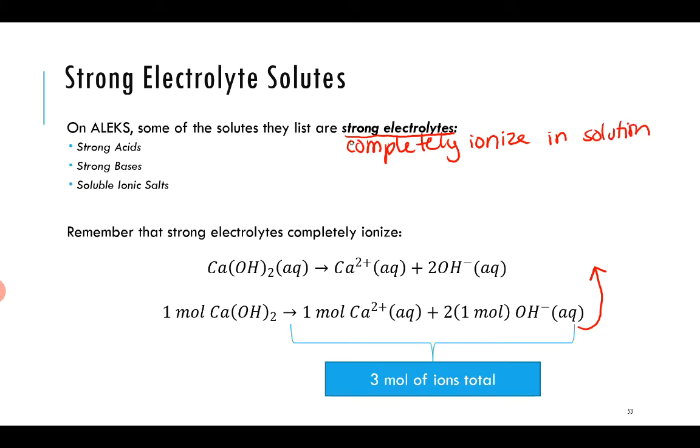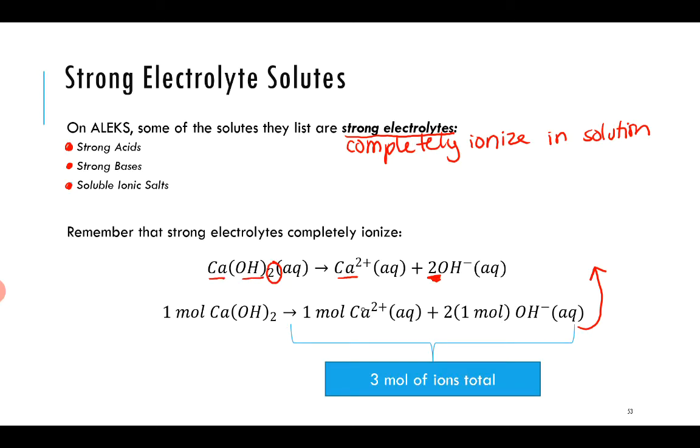To identify if it's a strong electrolyte, you'll look for strong acids, strong bases on your green sheet, or soluble ionic salts. Here's an example. This is calcium hydroxide, Ca(OH)2. When that ionizes, it's going to split apart into one calcium ion and two hydroxide ions because of that subscript 2.